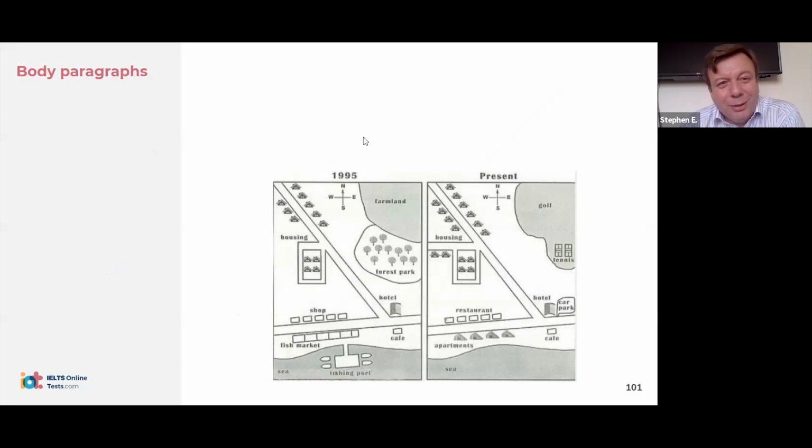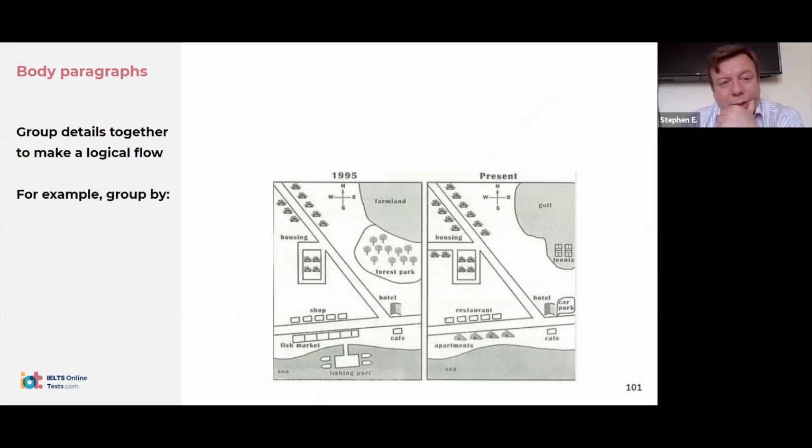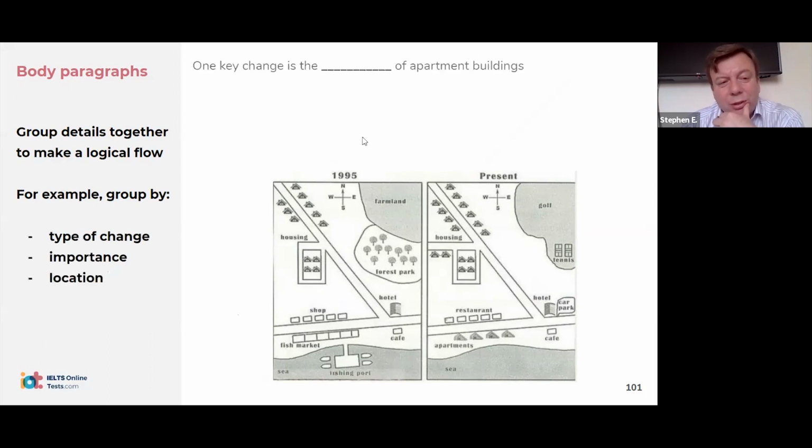Okay, so let's have a look at the body paragraphs. So we want to be grouping details together to make a logical flow. And then we could group by type of change, the importance, location. So, oops, I was too quick there.